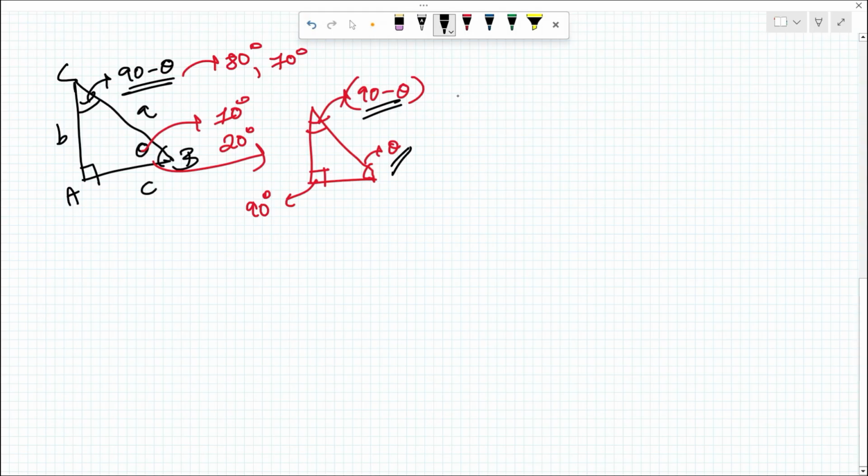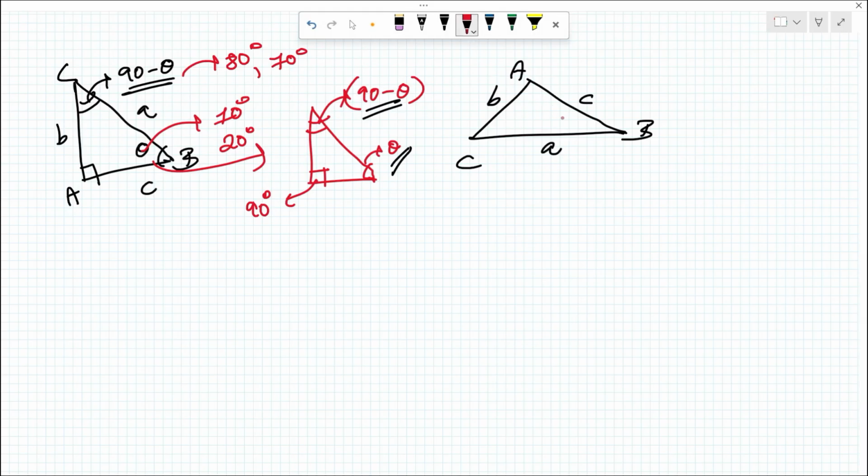Another fact that I want you to recall from high school is that if I draw a triangle, let's say A, B, C, by our notation, this is small a, this is small b, and this is small c.